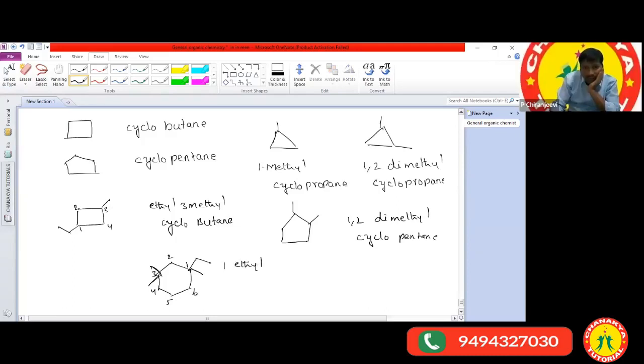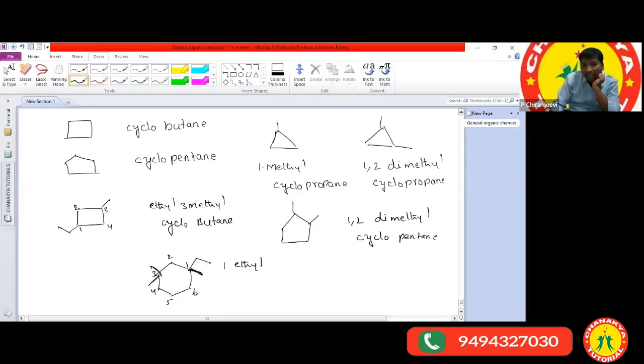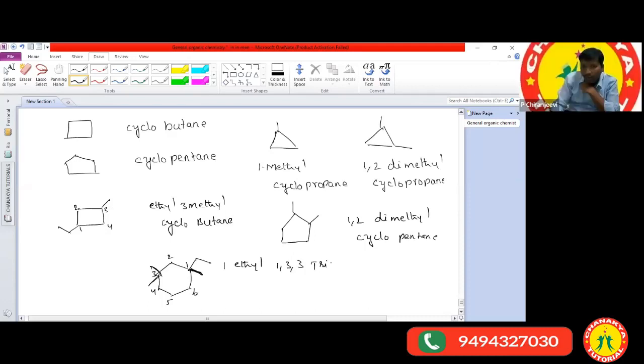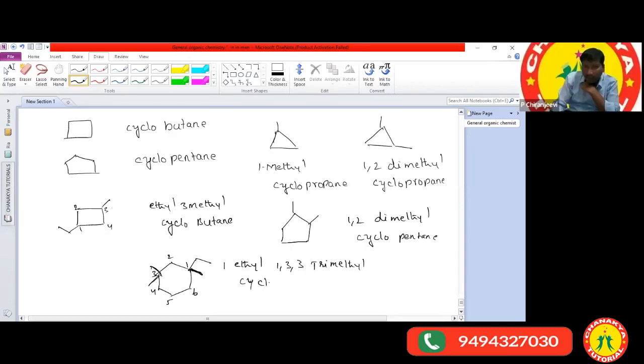Here also one more methyl is there. 1,3,3-trimethylcyclohexane.